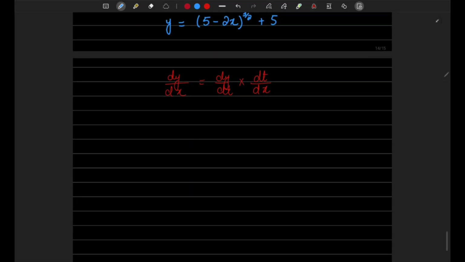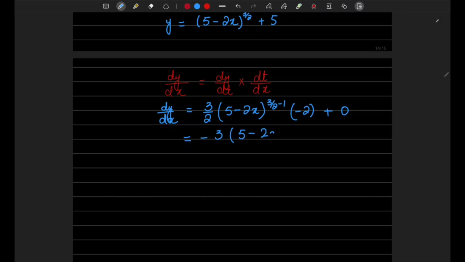So dy over dx would be n x to the n minus 1: 3 by 2, (5 minus 2x) to the power 3 over 2 minus 1, times the derivative of the function, so it would be minus 2 plus 0. Let's simplify this now: minus 3, (5 minus 2x) to the power 1 over 2.